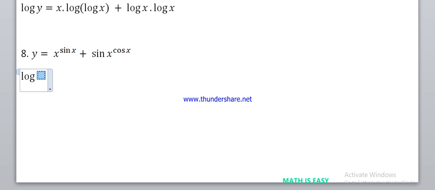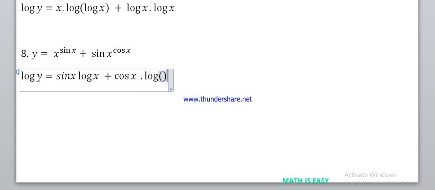You will get log y is equal to sin x into log x, plus cos x into log sin x. This is what you get when I apply the log. It's simple: when I apply the log, the exponent comes as the product, sin x into log x plus cos x into log sin x.